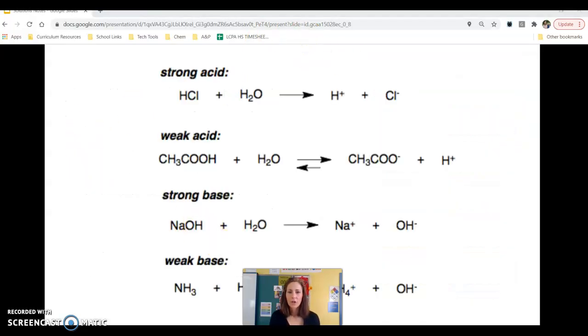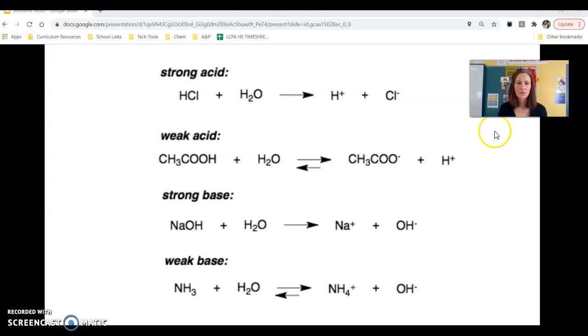So we have some strong acids, weak acids, strong bases, weak bases. In a chemical reaction, the way we represent these is different because remember the ionization. In a strong acid, we have a one-direction arrow because we are 100% ionizing this HCl into hydronium ion or H+ ion. So if I have a strong acid in water, I'm producing 100% H+ and 100% Cl- in that H2O solution.